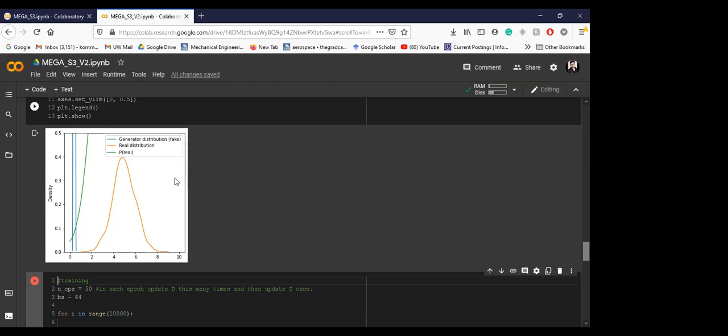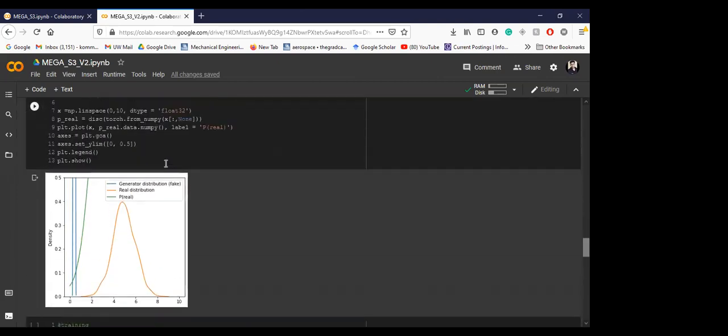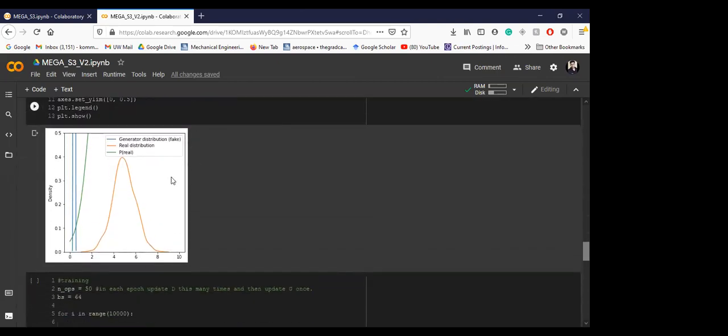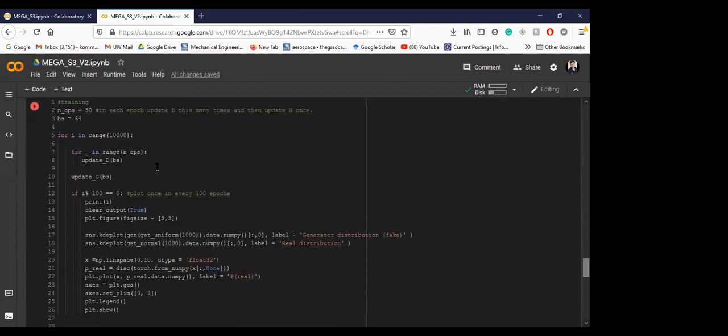So at this point in training, after training for 100 epochs, we know that the discriminator is easily able to identify that something fake is fake. In order to get better at learning the normal distribution, let's keep going for a larger number of epochs.